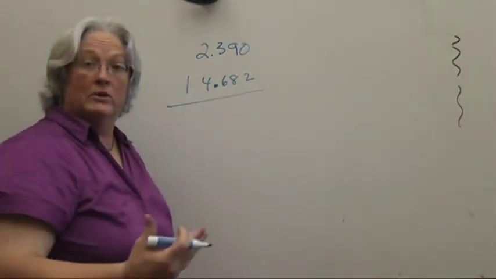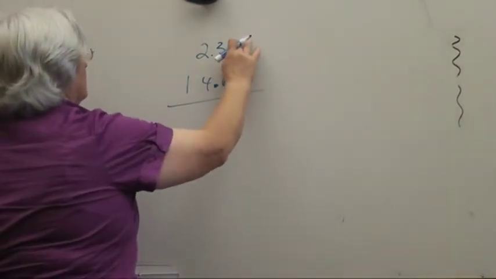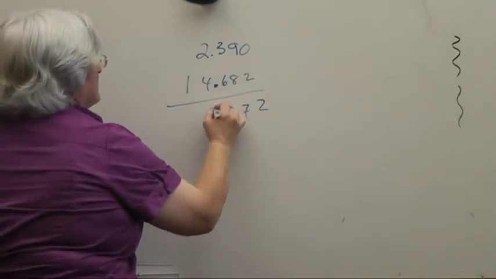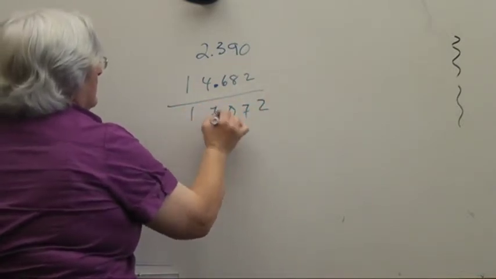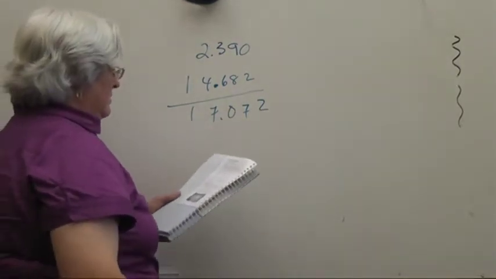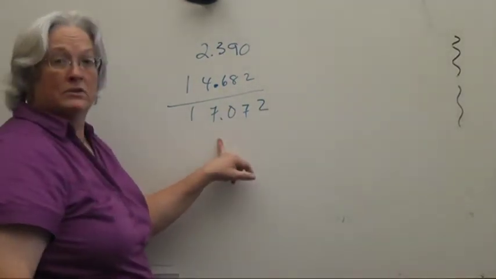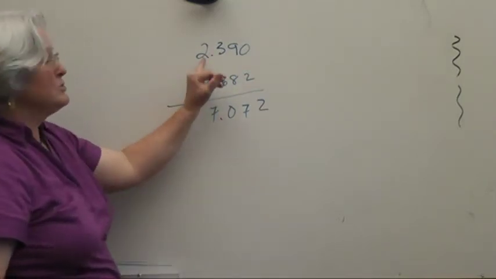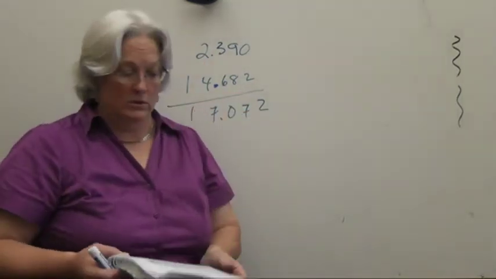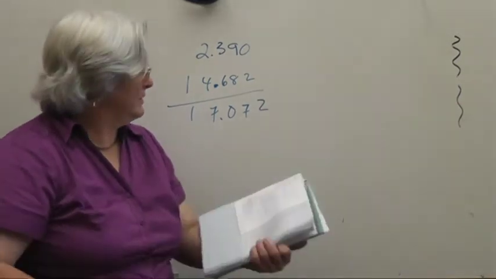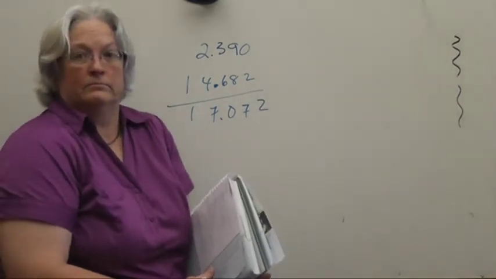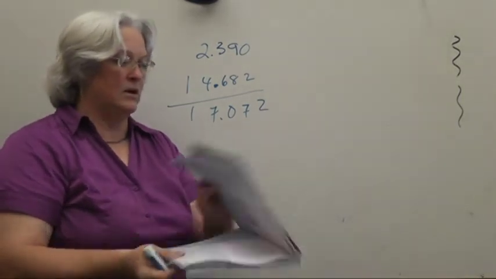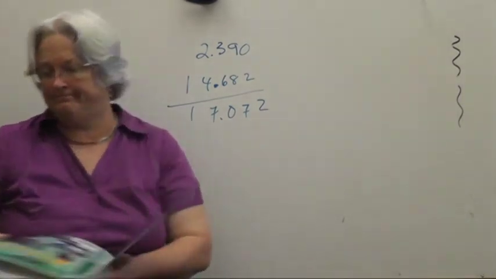Sometimes it'll help you to put a 0 in as a placeholder. 17.072. When you're adding and subtracting decimal numbers, you make sure that you line up the decimal point. That's the end of Section 2.2, adding and subtracting rational numbers.